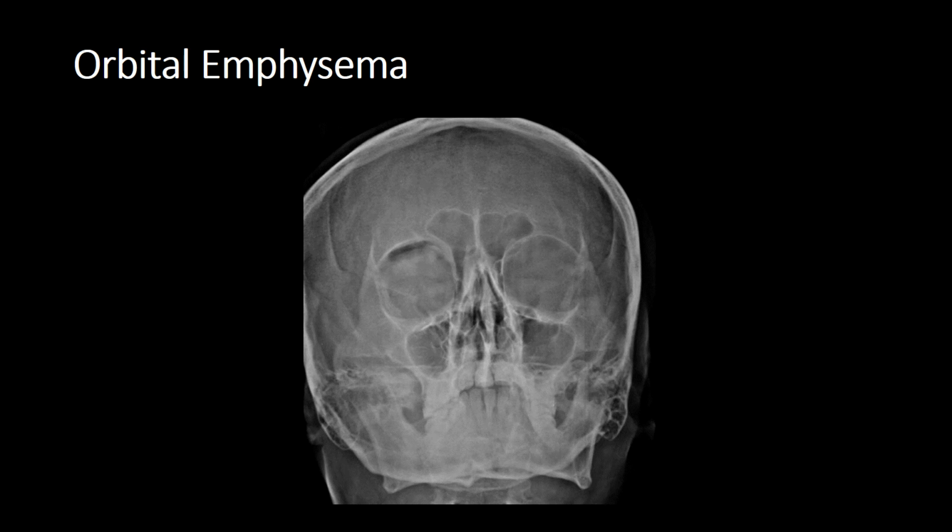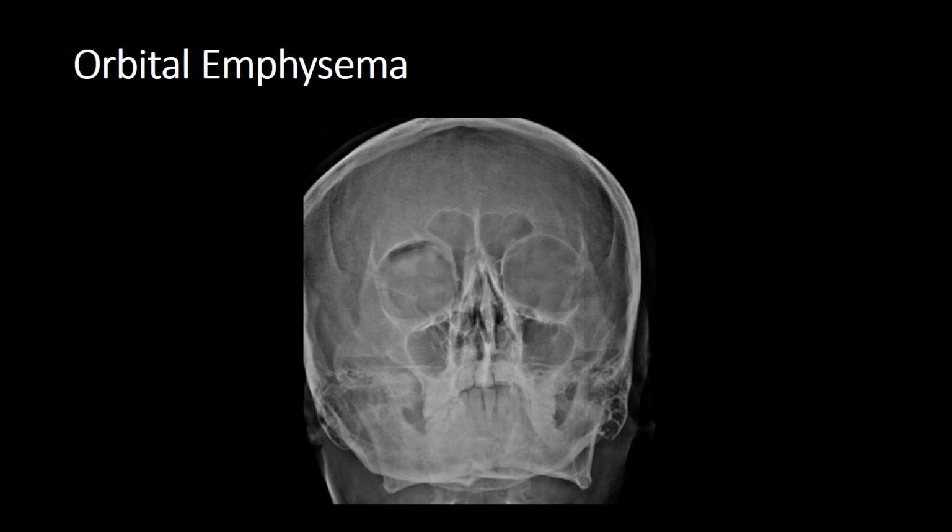But what can happen is that you can get herniation of the orbital contents through the fracture, and what we're looking for is a teardrop sign, which is soft tissue opacification just inferior to the infraorbital margin, indicating that there is a blowout fracture.